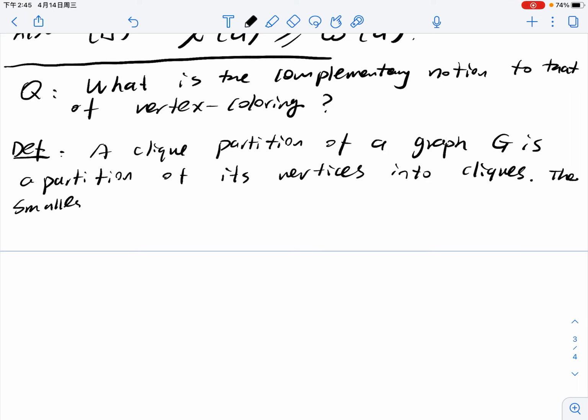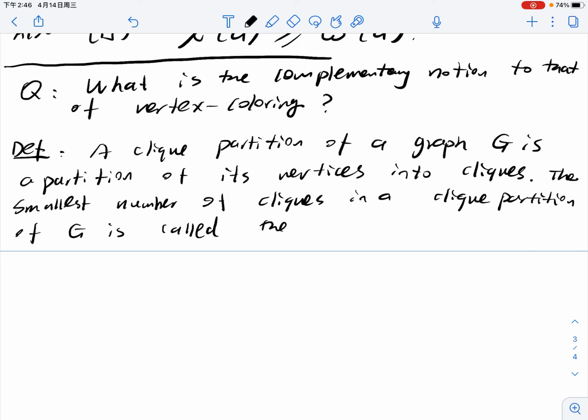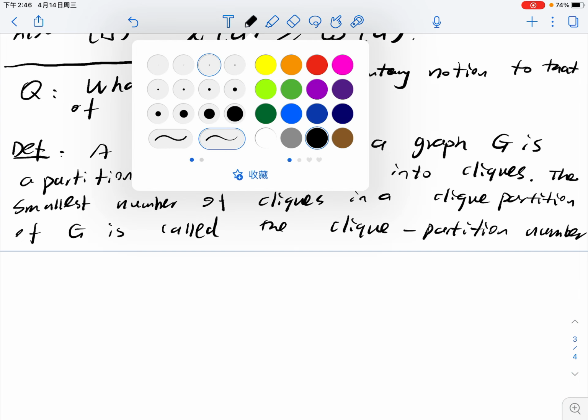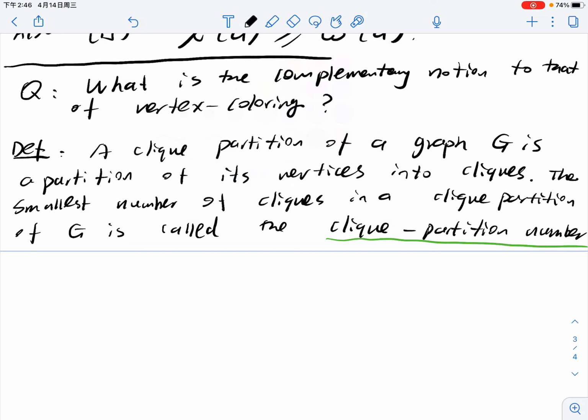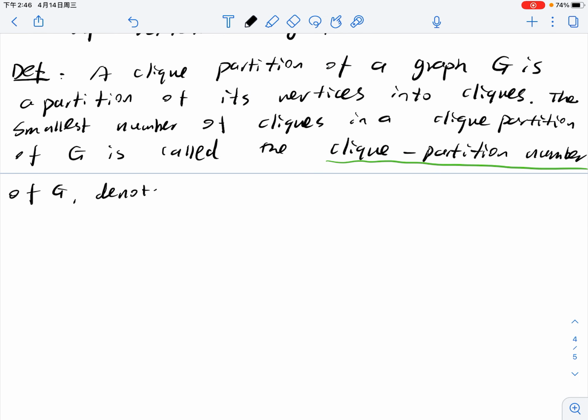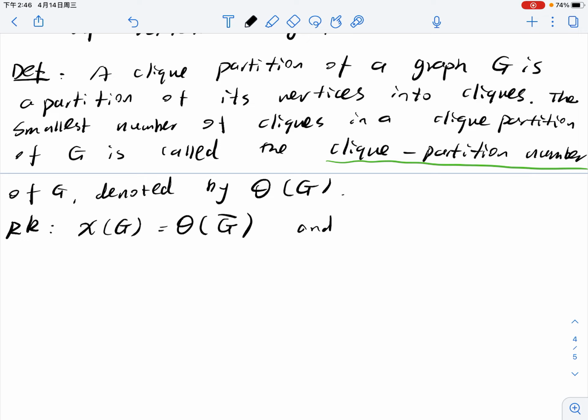The smallest number of cliques in a clique partition of G is called the clique partition number, denoted by theta G. And by the complementary graph, we can easily conclude that the chromatic number of G is the clique partition number of G bar, and vice versa. Chi of G bar is theta G.